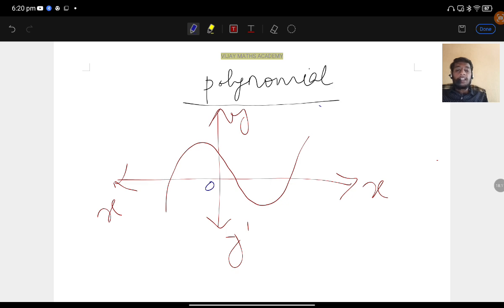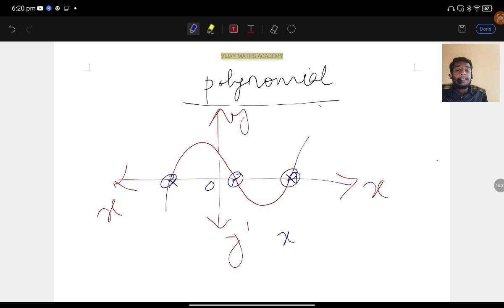This is the center, that is called the origin. See how many times the curve cuts the x-axis. This is the one point, this is the second point, this is the third point. We should not consider the y-axis because this is only one variable.